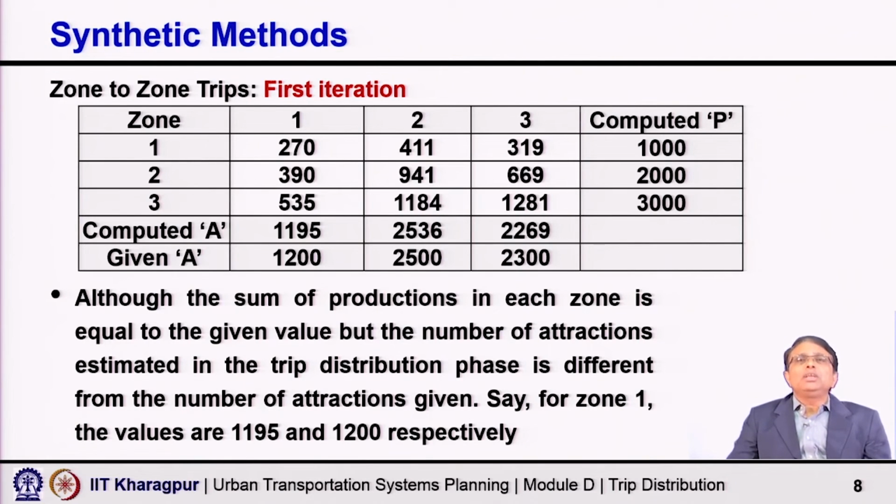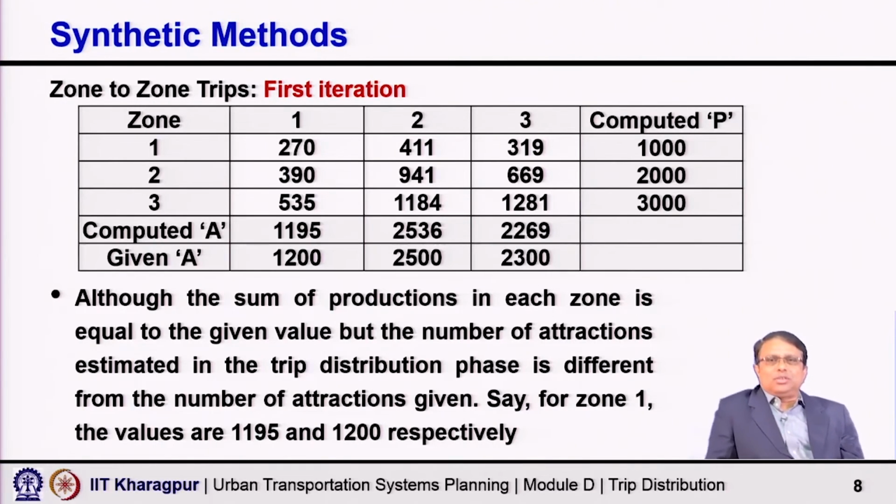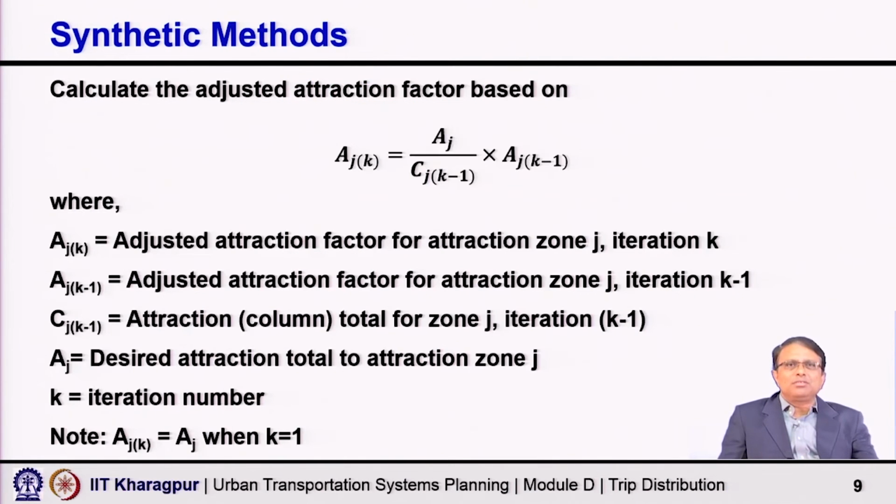We have to do something externally, because internally the model is singly constrained. It was to ensure that the productions match, but there was no assurance that the attractions will match automatically. So, it has not matched, but we cannot go ahead with this. We have to do something to match these column totals, or the attractions. So, how do we go ahead?